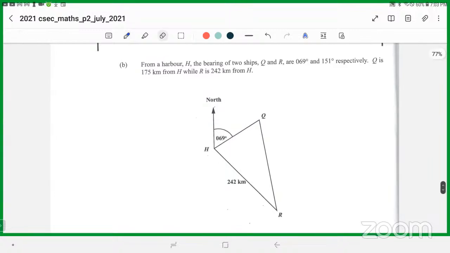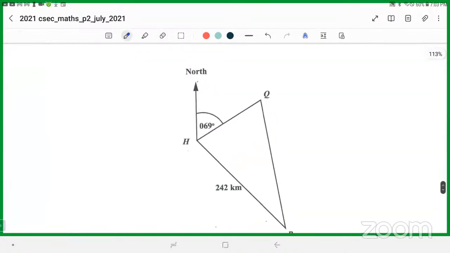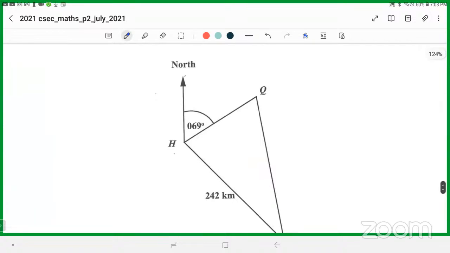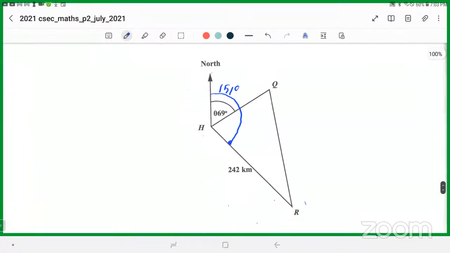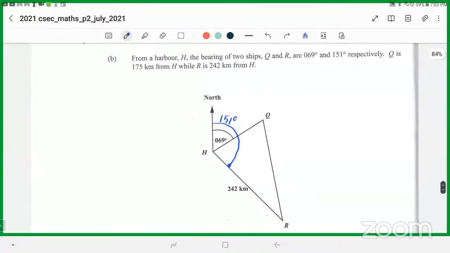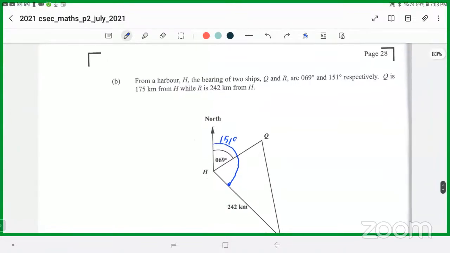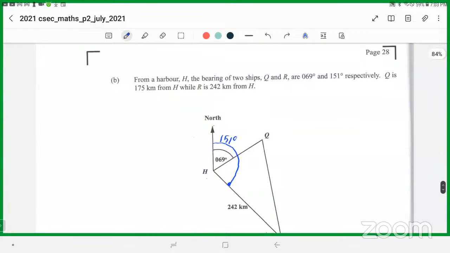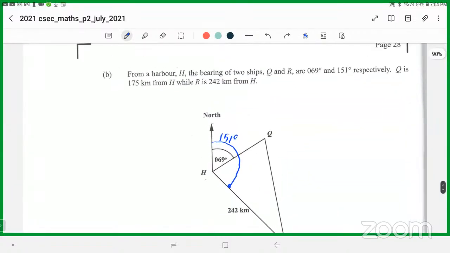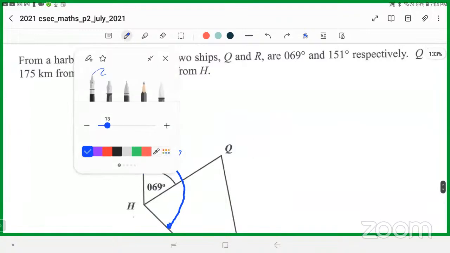Let's write it better. So it means that this angle here that they didn't show us, clockwise from the north line all the way over to here, is 151 degrees. That's a bearing of R from H. It says Q is 175 kilometers from H, while R is 242 kilometers from H. Let's put them on in red.